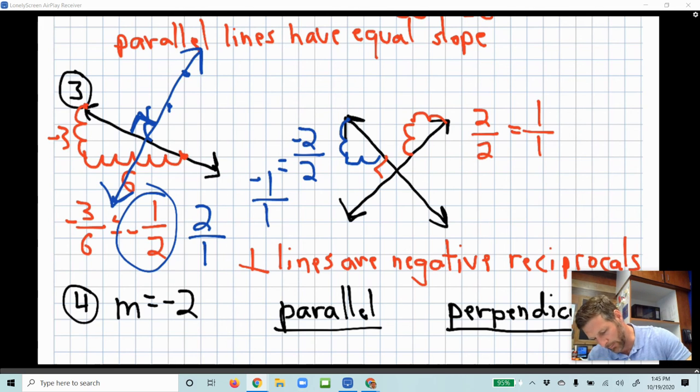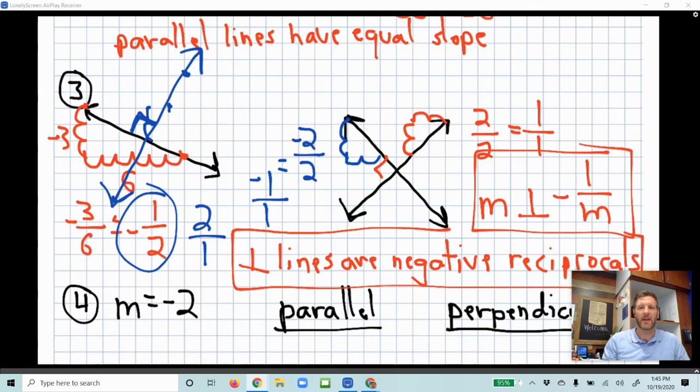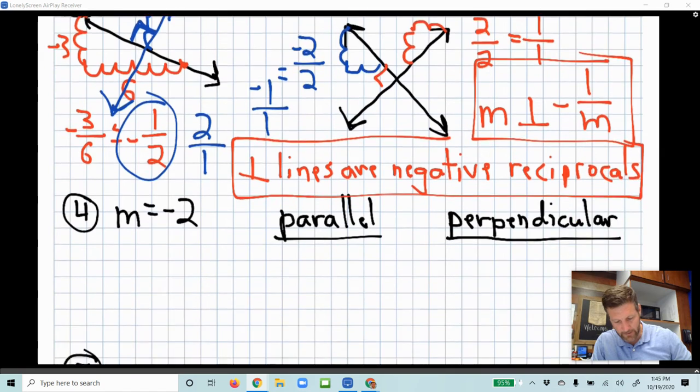Another way to write that is if you have a slope m, then the perpendicular slope is negative 1 over m. Okay? So you take whatever it was and then you flip it and change the sign. And that'll give you 2 lines. Whatever this one is, the other one will be at a perfect 90 degrees to it. Whereas parallel lines are exactly the same.